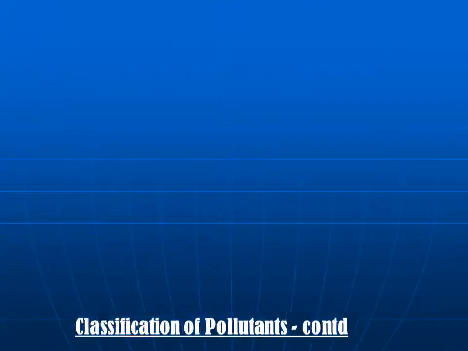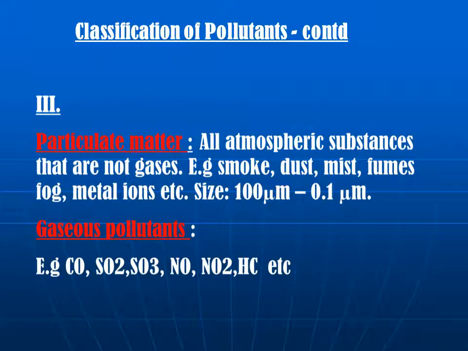The third classification of air pollutants is mainly based on the size of the particles. It mainly includes particulate matter and gaseous pollutants. Particulate matter includes all atmospheric substances that are not gases.